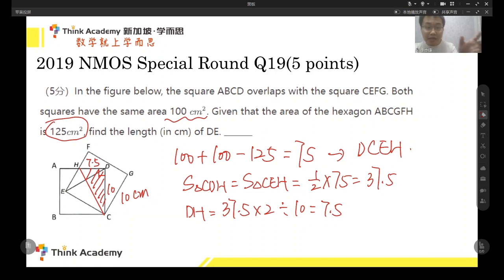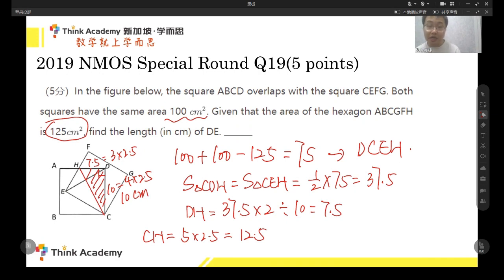We know that one side is 7.5 and another is 10. So we can use the Pythagorean theorem to calculate the hypotenuse. It can be easily found that 7.5 is 3 times 2.5 and 10 is 4 times 2.5. So CH is 3, 4 and the hypotenuse should be 5 units, right? So it's 5 times 2.5, which is 12.5.